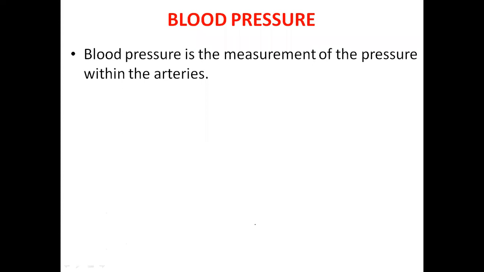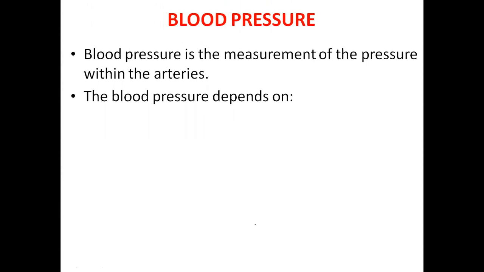So that's a summary of how the blood flows through the body. I'm going to give you a quick schematic diagram soon to summarize it. So what is blood pressure? Blood pressure is a measurement of the pressure within the arteries.